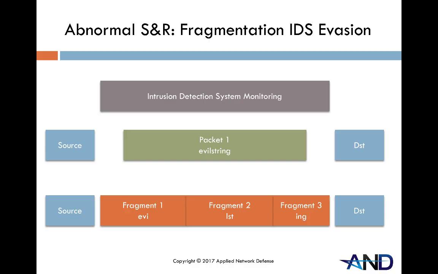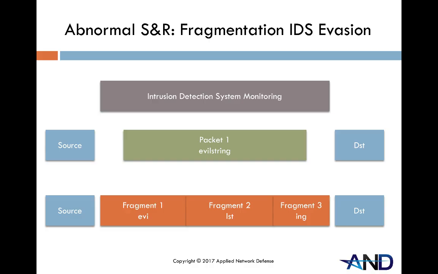But this is one of the reasons why many administrators choose to drop all inbound fragments at their border, not deal with it at all. They'll maintain a normal 1500 byte Ethernet MTU, and they expect people to comply to that, which is not a bad policy. But this is ultimately how IDS evasion can work with fragmentation.